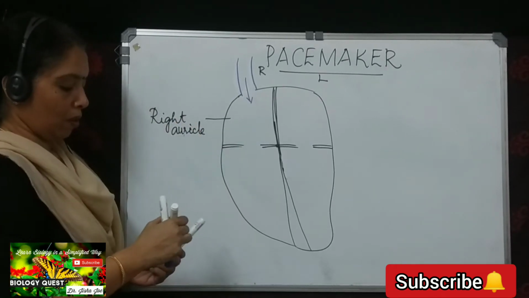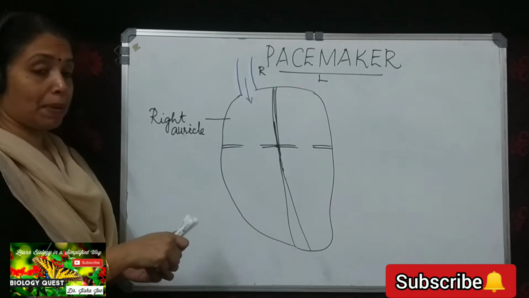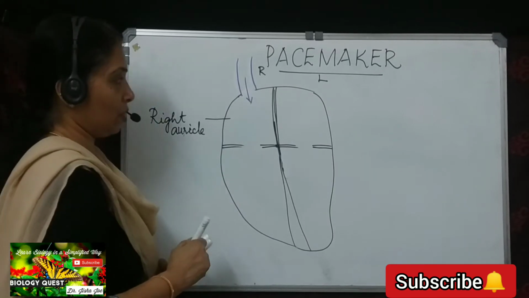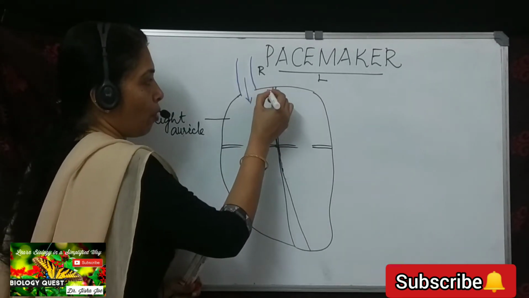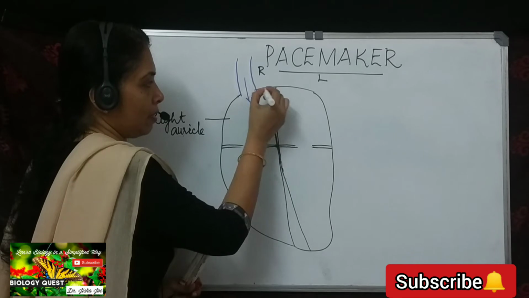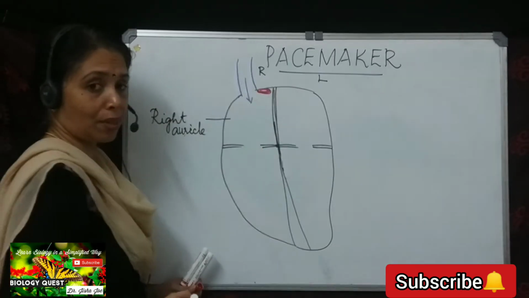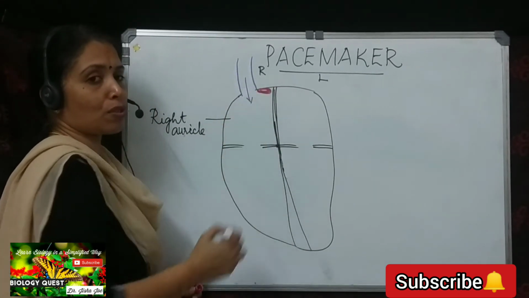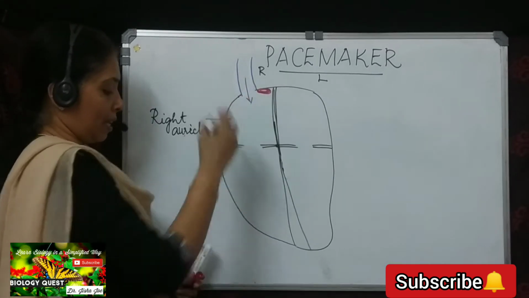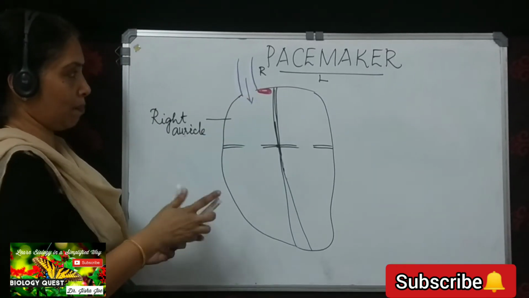So what is actually the pacemaker? It is a small region on the wall of the right auricle. That is the pacemaker there, very close to the opening of the superior vena cava.